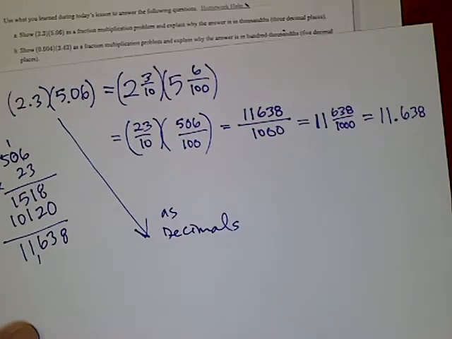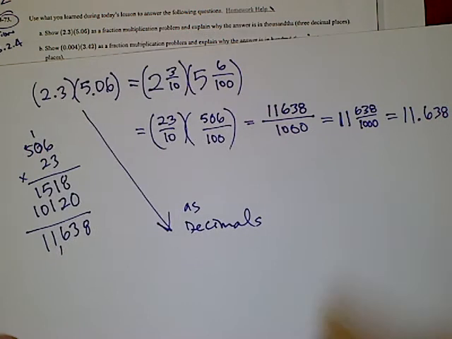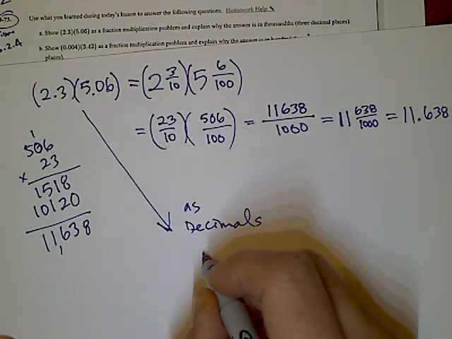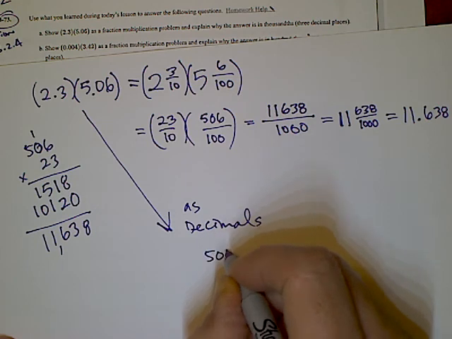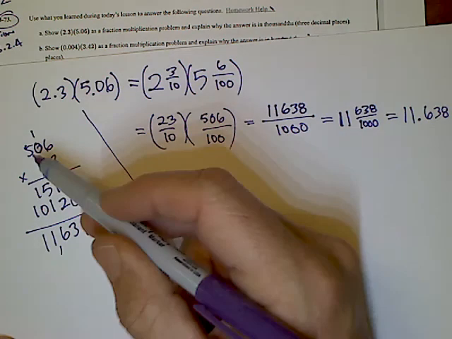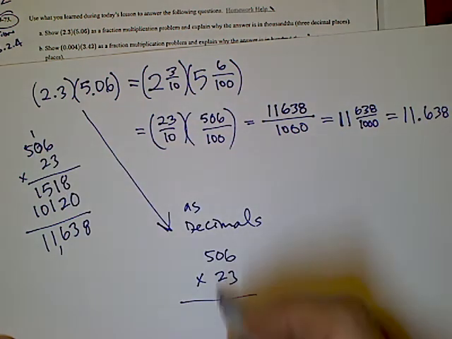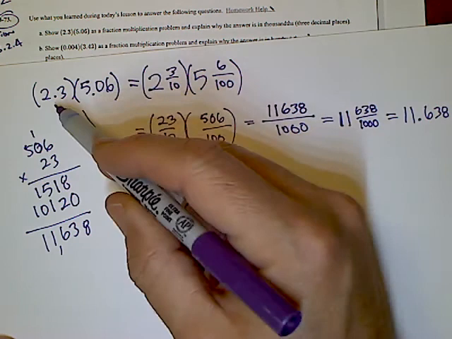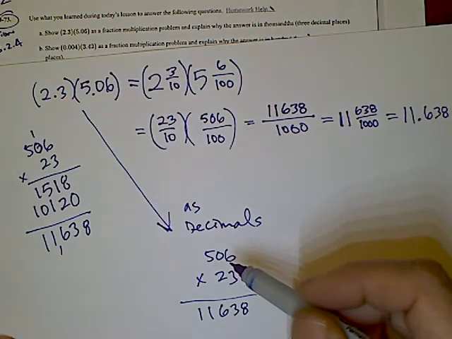This is the process of multiplying numbers with decimals. So rewrite it as 506 times 23, which should look familiar. We did that already and I won't redo the algorithm. We get 11,638 when I multiply just the digits without the decimal.